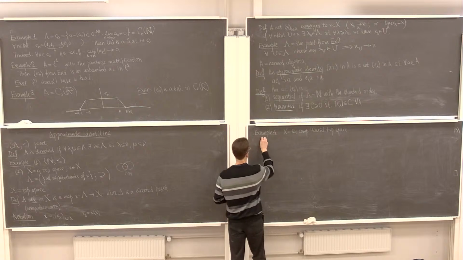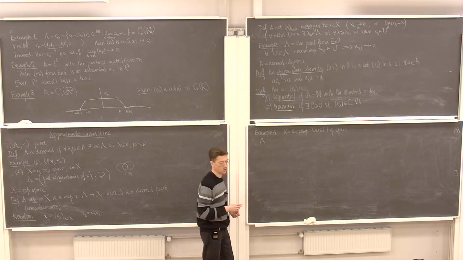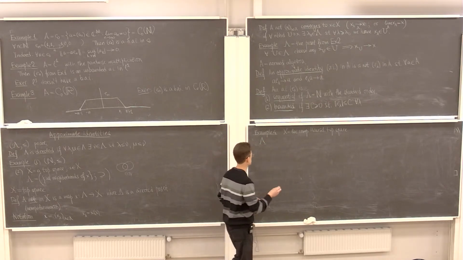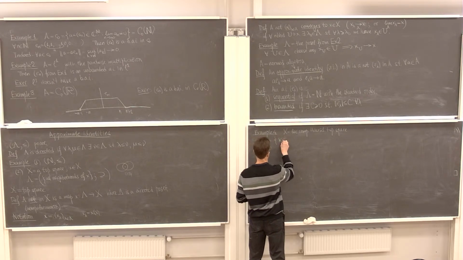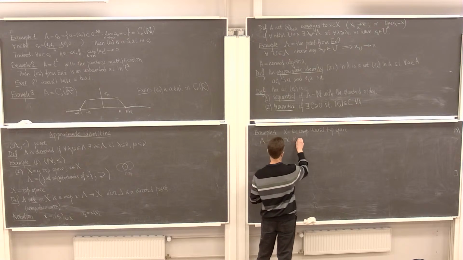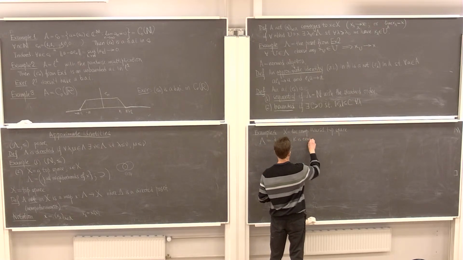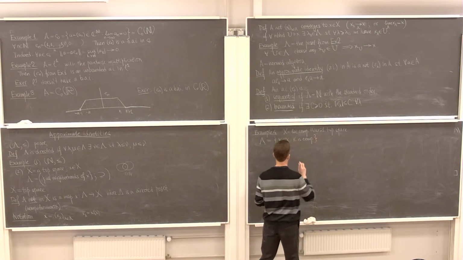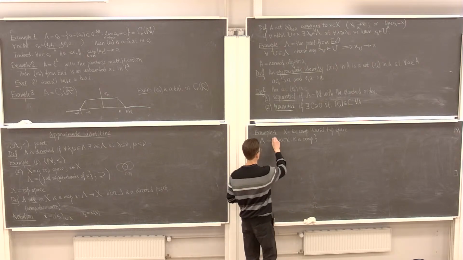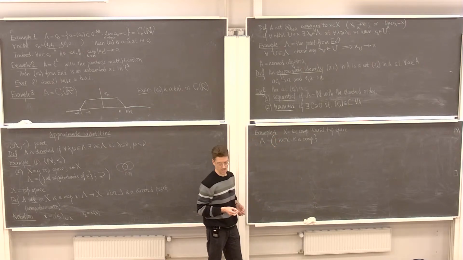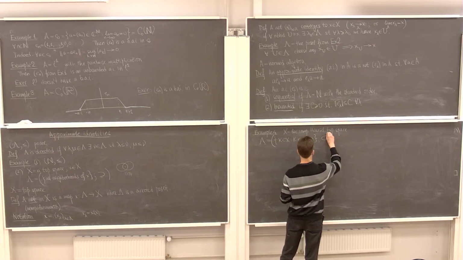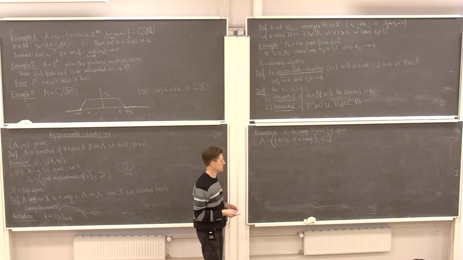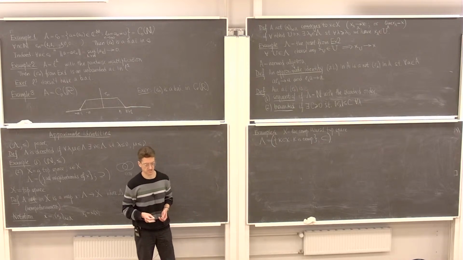And let lambda denote the family of all compact subsets of X. And we make lambda into a directed poset with respect to inclusion. Clearly it is directed because the union of two compact sets is compact.